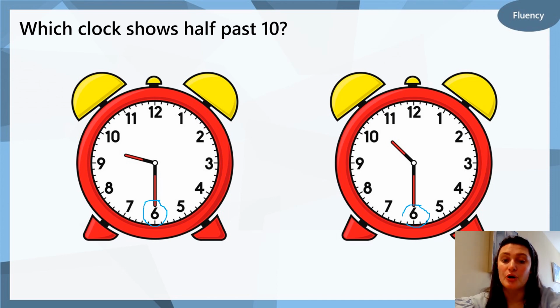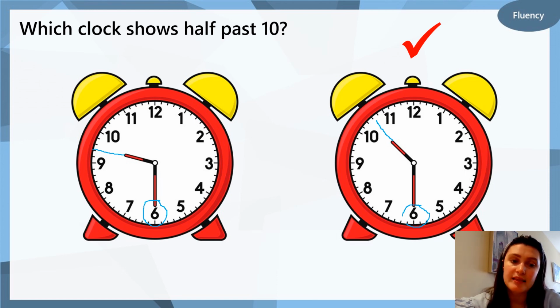But we need to show the clock where it is half past 10. So the hour hand must have passed 10. Have a look at these two clocks. Which clock has an hour hand that has passed 10? That's right, the second clock.